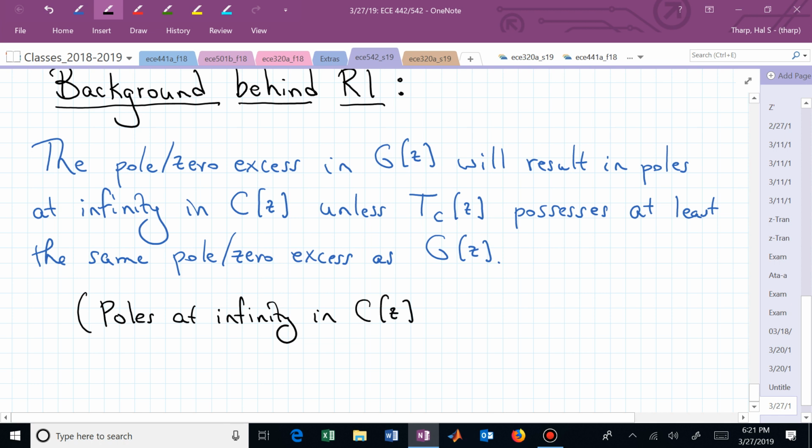in our controller, that really means that we have a numerator polynomial that exceeds in order or power the denominator polynomial. Meaning as z goes to infinity, that numerator would go unbounded. Let's say that we had a C of z that was equal to z.